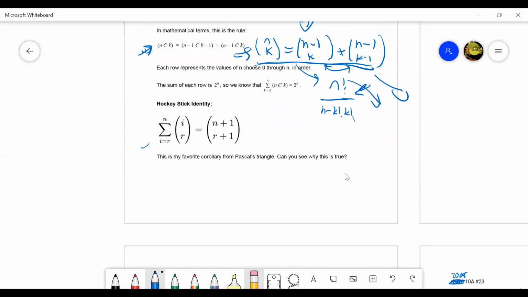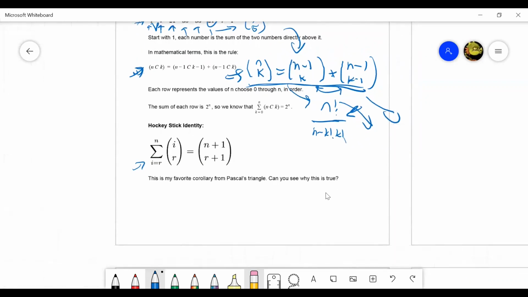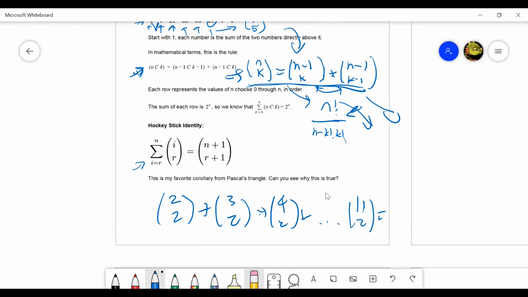So what this says is that the sum of i choose r from i equals r to n equals n plus 1 choose r plus 1. So if I use numbers, this would be saying something like 2 choose 2 plus 3 choose 2 plus 4 choose 2, plus all the way to any number, let's say 11 choose 2. This is going to be equal to 12 choose 3.